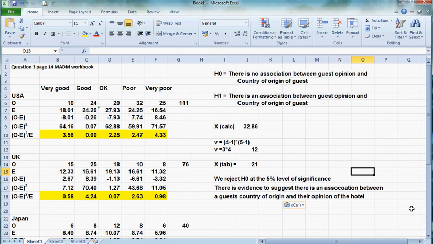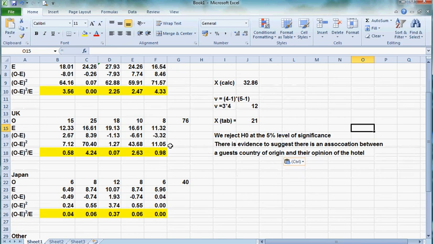If we're saying we have got a relationship or an association, we need to look at our chi-squared values and see if we can find any major contributors. Well, if we look at our values that we have highlighted here, 2 numbers stick out as being larger than the others, and are the 4.33 and 4.24.